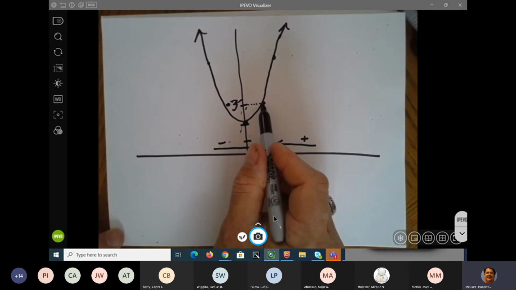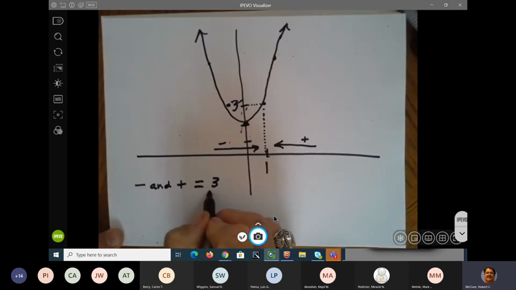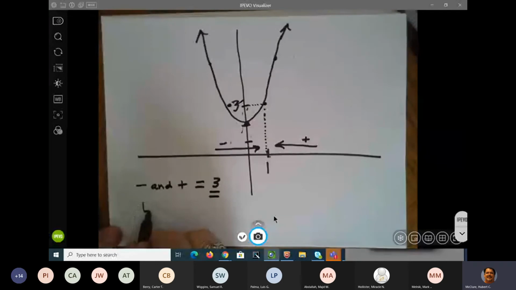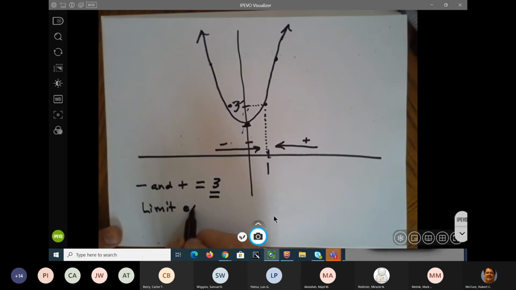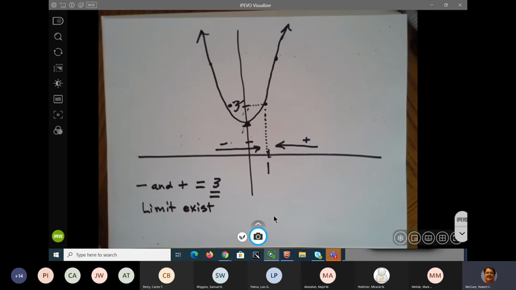If I approach from the left and the right, and I get the same number, the limit exists. It's got to equal the same number, though. Now, you're going to get into this in 1.2 or 1.3, where the limit exists and does not exist.